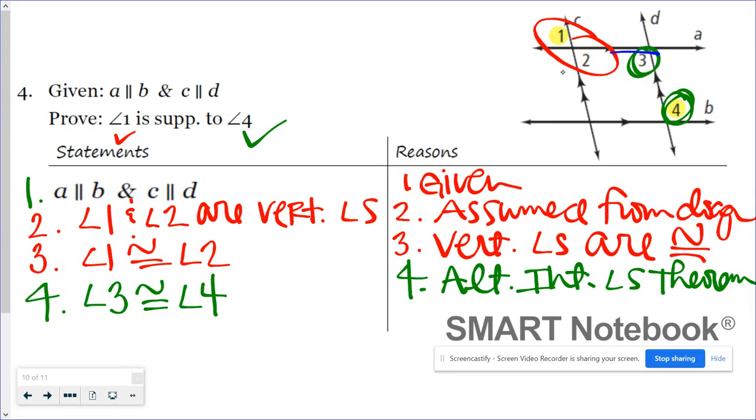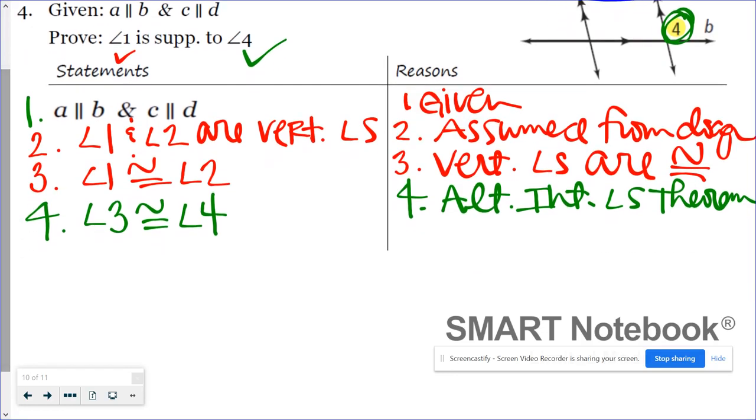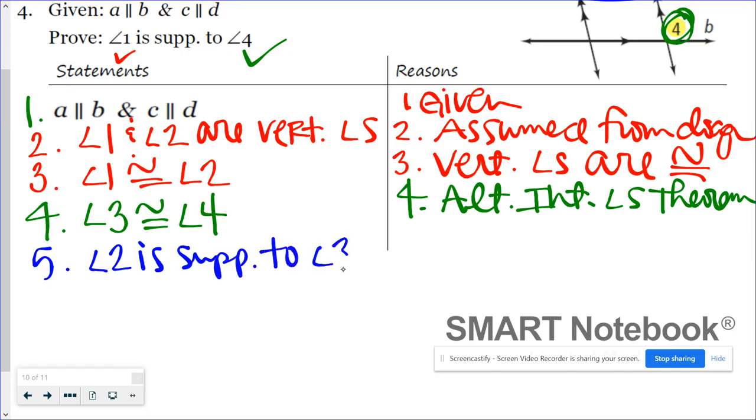Yeah, I mean, 2 and 3, they would be supplementary because of the same side interior angles, right? So we can say that angle 2 is supplementary to angle 3, same side interior angles theorem.